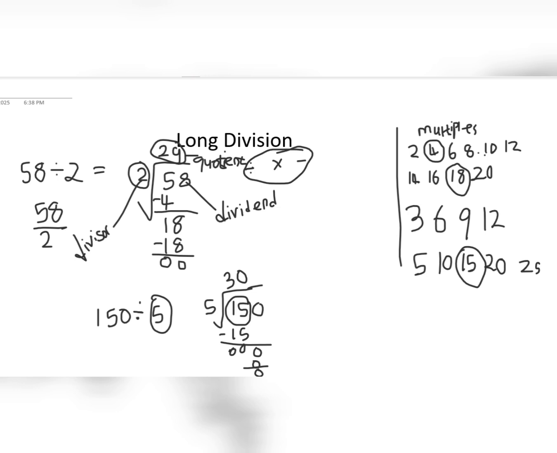That means 5 into 150 is 30. That means 5 times 30 is 150. So you let the child know division is just like the opposite of multiplication. Multiplication is continuous addition. Division is continuous subtraction.